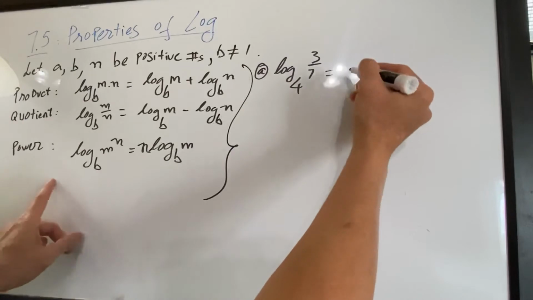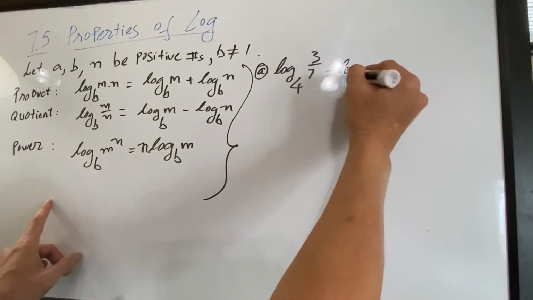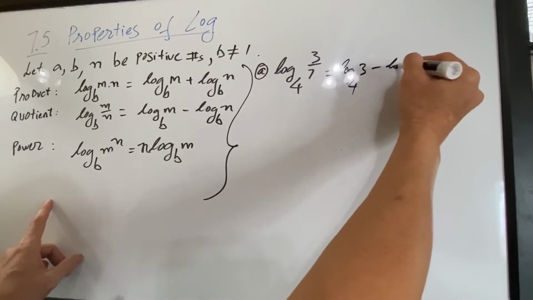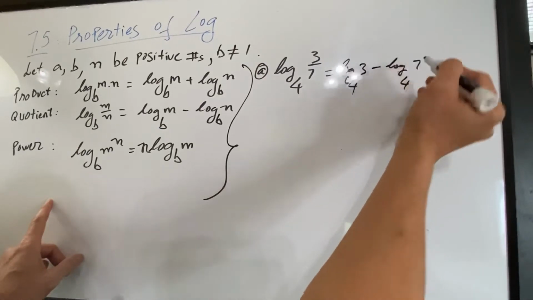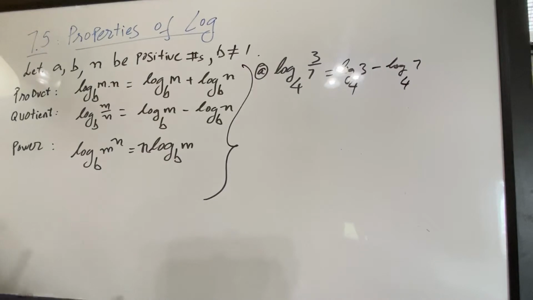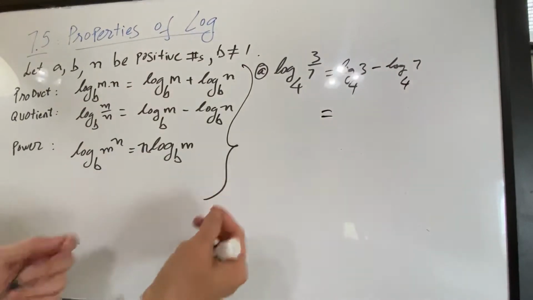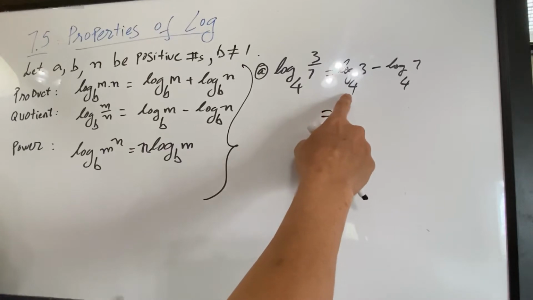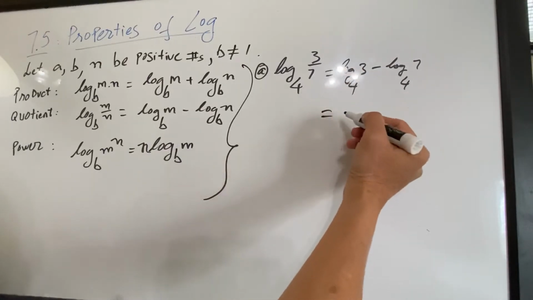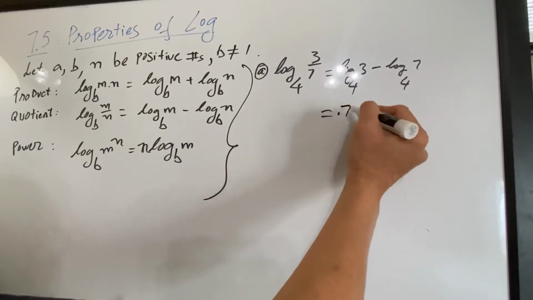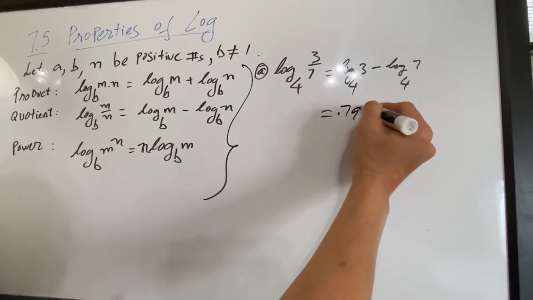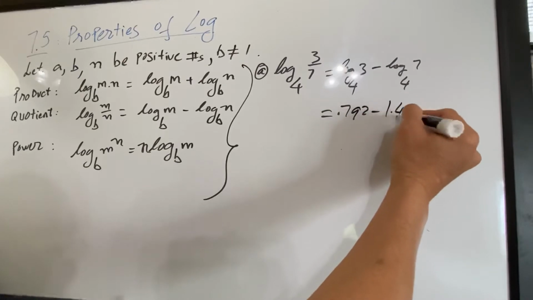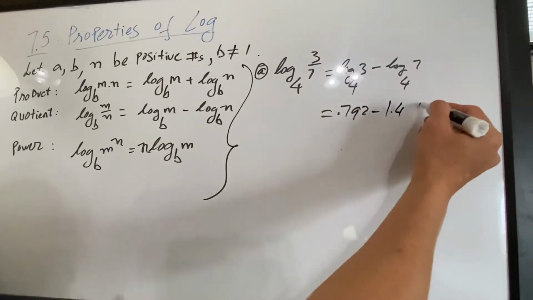Then this can be rewritten as, that's right, log base 4 of 3 minus log base 4 of 7. There we go. Okay, and then you just plug the value in. Use your calculator, log base 4 of 3, and you will have, let's say, 0.792, and minus log base 4 of 7, you got 1.4, and then you have a negative value, okay?